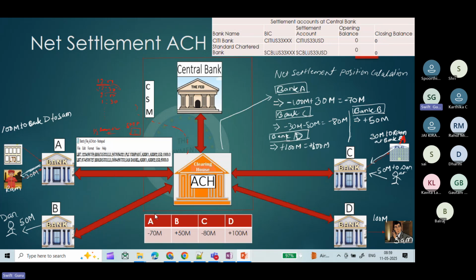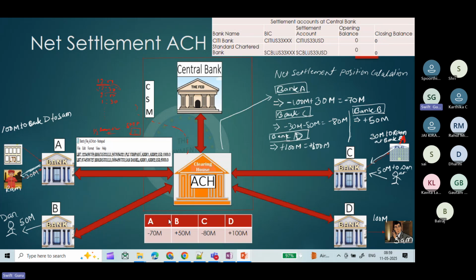So it's a basic simple calculation and their position is identified as minus 70 million, meaning bank A has to pay off, correct? Negative means they are in a debit or short position, which they need to pay off.